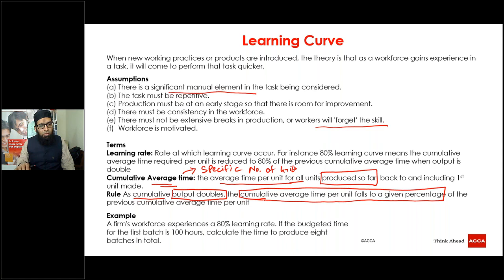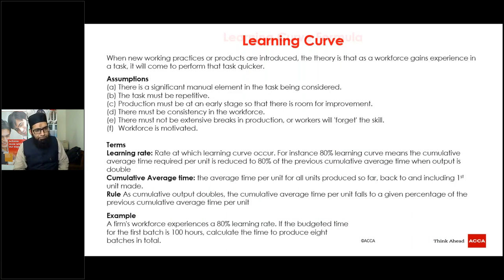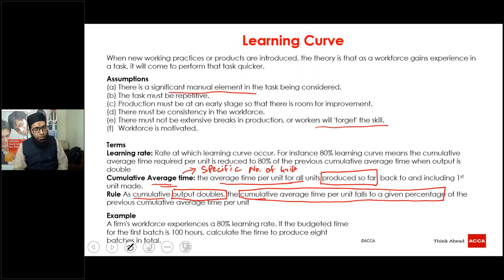So let's discuss this with an example. A firm's workforce experiences an 80% learning rate. The budgeted time for the first batch is 100 hours. So let's calculate the total time for the next units.